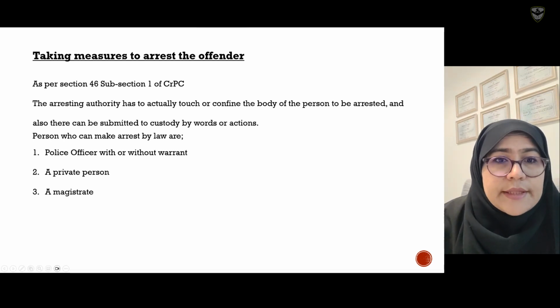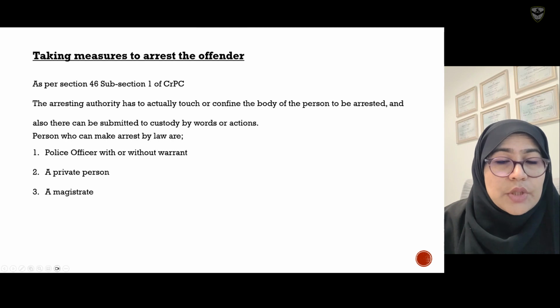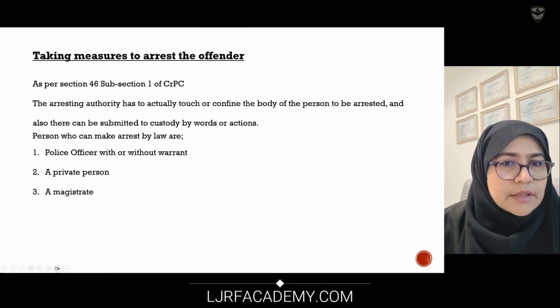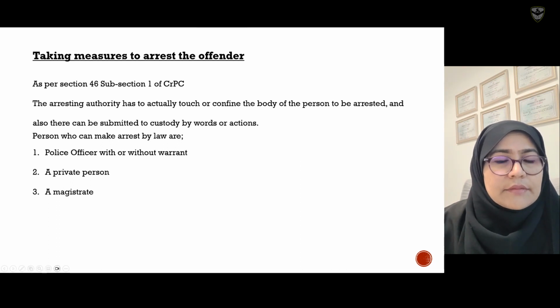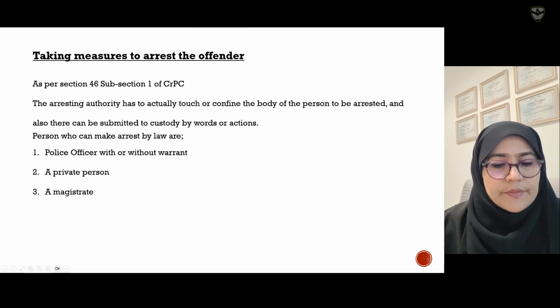One more thing to remember is that not only police officers but also various other authorities have powers to arrest an individual. These are mentioned under relevant sections in CRPC, such as a private person or a magistrate, and of course a police officer. So these people are empowered to make an arrest.